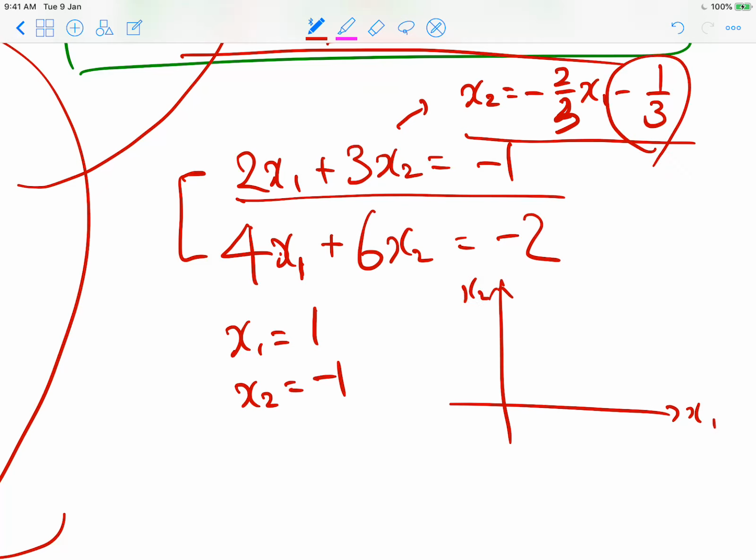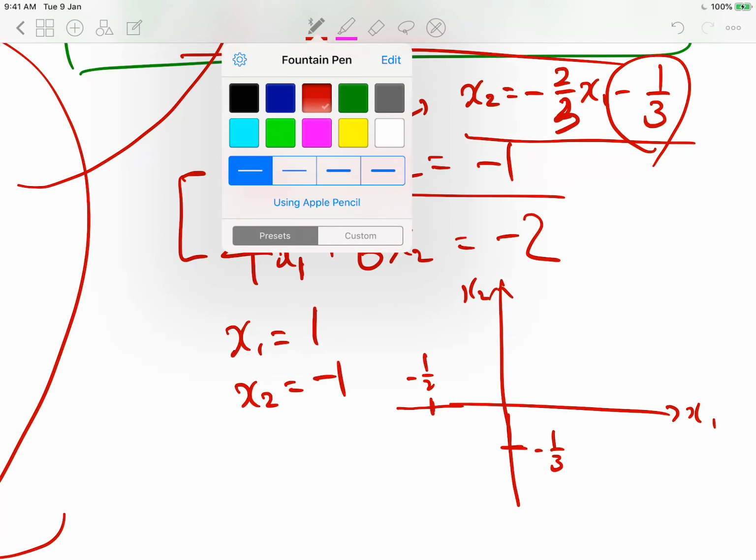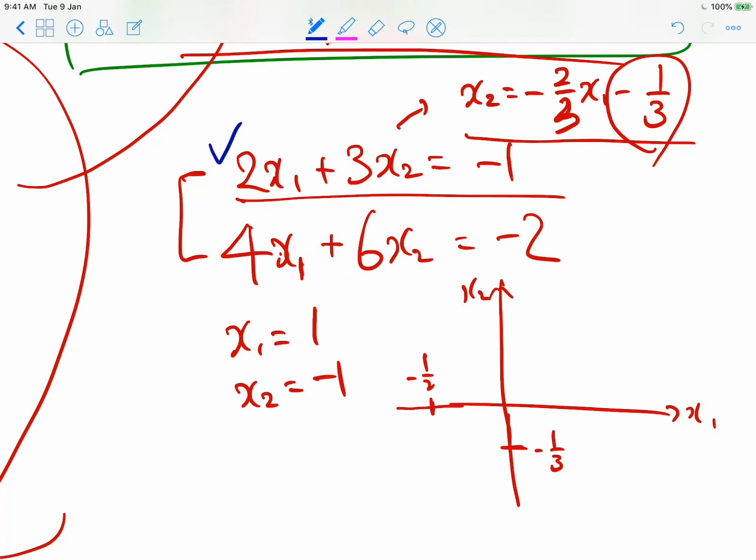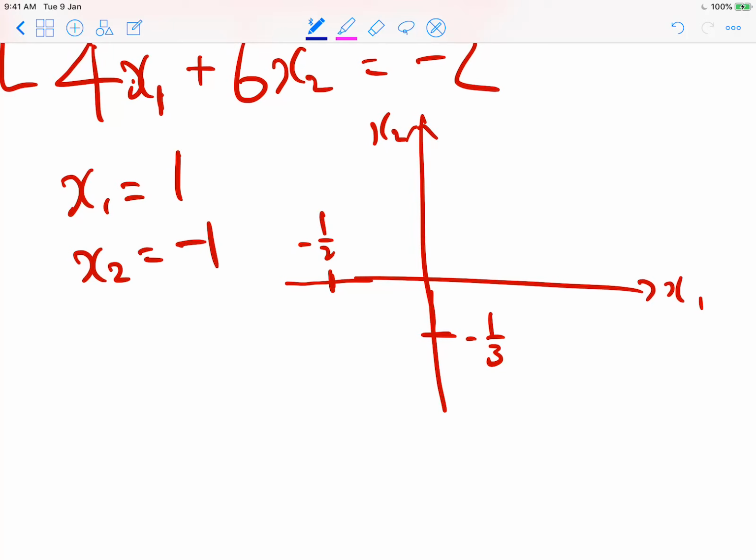So in this case, this is a y-intercept, and this is an x-intercept. And so the first equation is represented as this line, right?